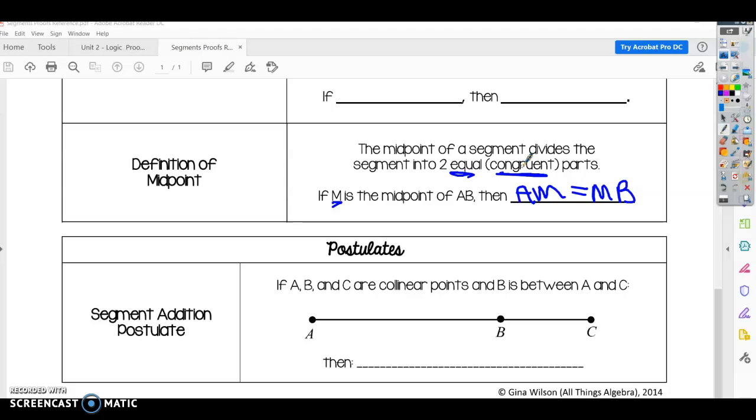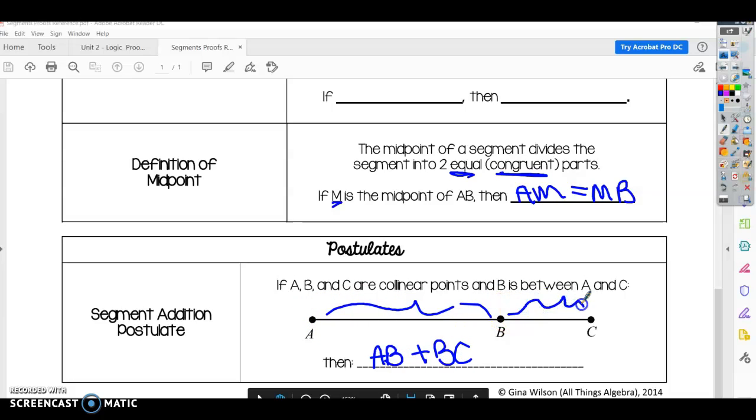All right, the last one that you need to know is the segment addition postulate. So it says if A, B, and C are collinear points, that means they're on one line, and B is between A and C, so B is in the middle of A and C, then that means that AB plus BC, so this segment here plus this segment here, is going to equal AC.